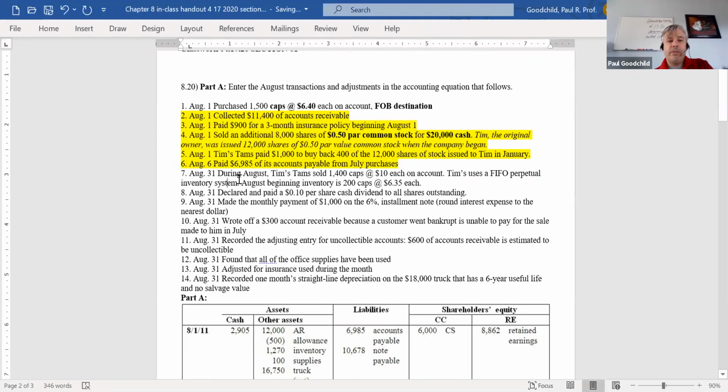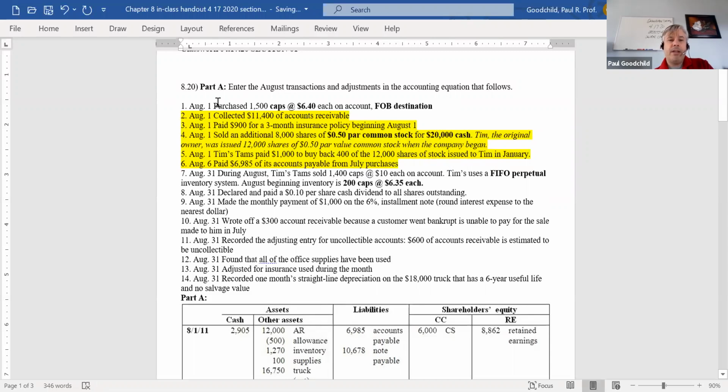Number 7, during August, Tim Tam sold 1,400 caps at $10 each on account. Tim uses a FIFO perpetual inventory system. August beginning inventory is 200 caps at 6.35 each.